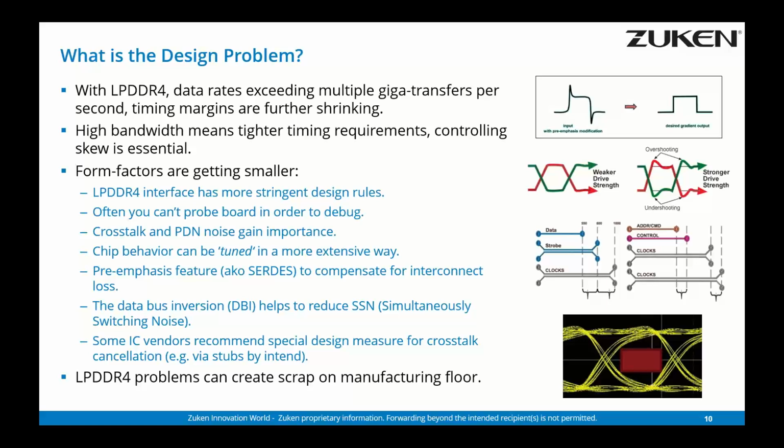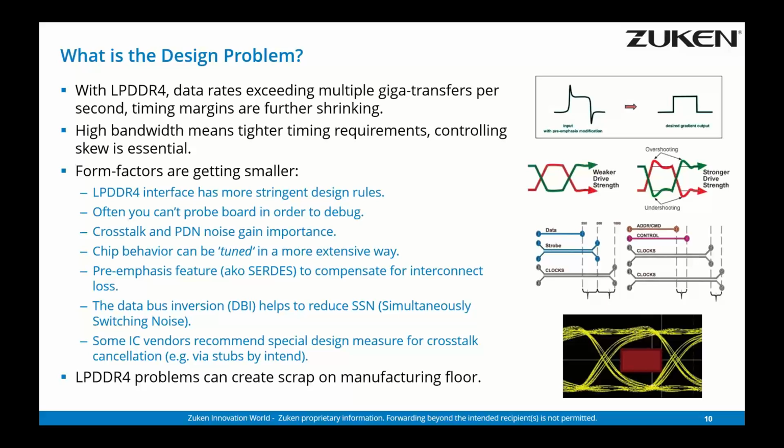So we have more stringent rules. Measurement is often challenging. To measure on the small form factors, we have micro BGAs for the memory devices. We have crosstalk being more important. We have power distribution noise defining jitter and closing the eyes. That's undesired.